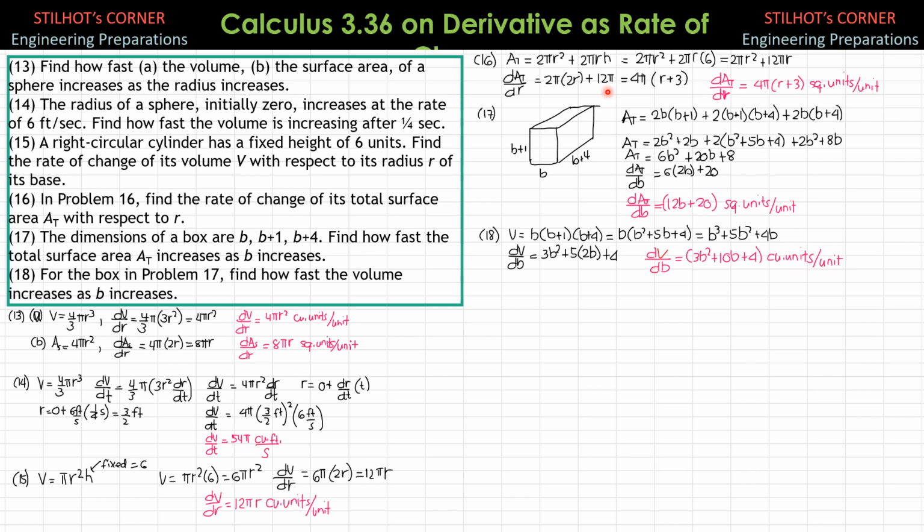So plus 12 pi. Factor out 4 pi, then we'll have 4 pi times quantity r plus 3. The rate of change of total surface area with respect to r, therefore, is 4 pi times quantity r plus 3 square units per unit.